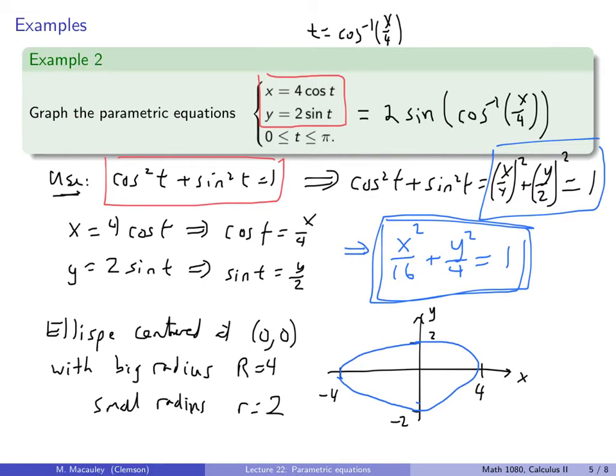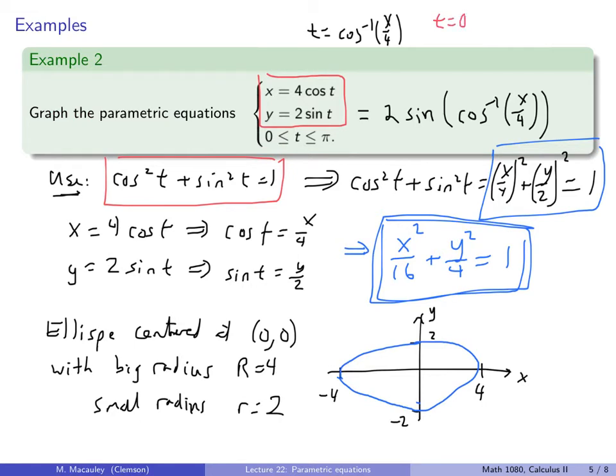Now, let's be careful. This parametric curve, I didn't say just go over the whole ellipse. I said walk along the ellipse from time equals 0 to time equals pi. Okay, so what does that mean? Let's plug in time equals 0.